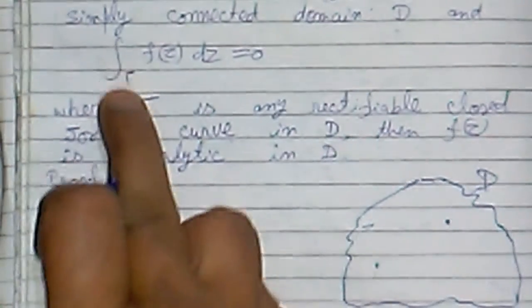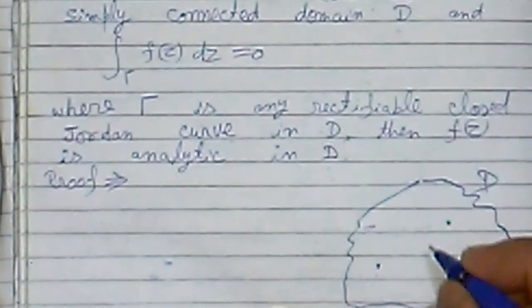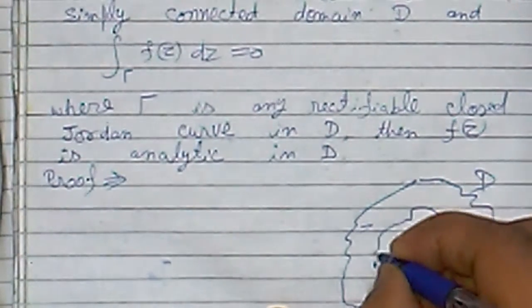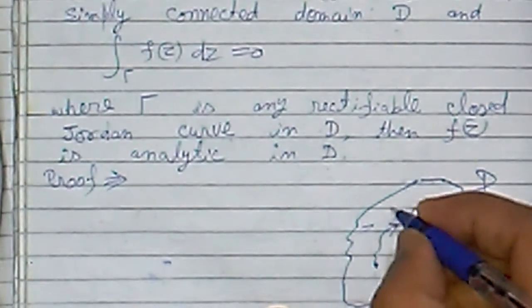So first we take this closed curve gamma. Gamma curve is composed of two curves, gamma 1 and gamma 2.